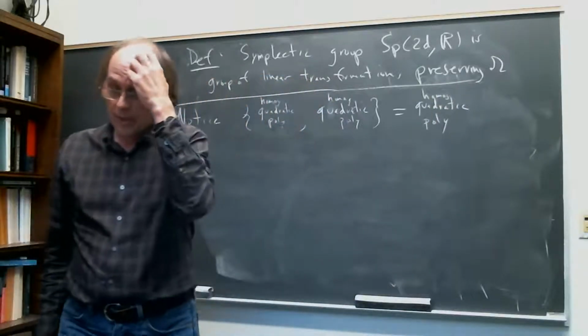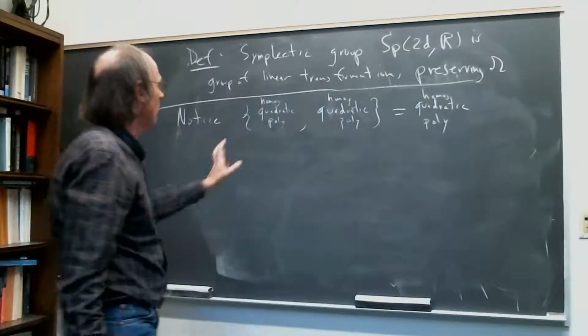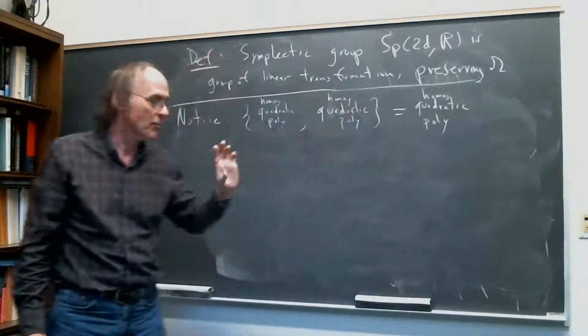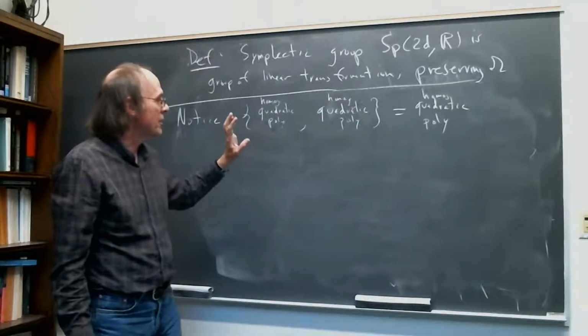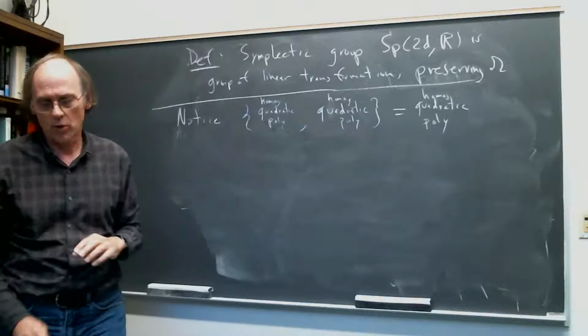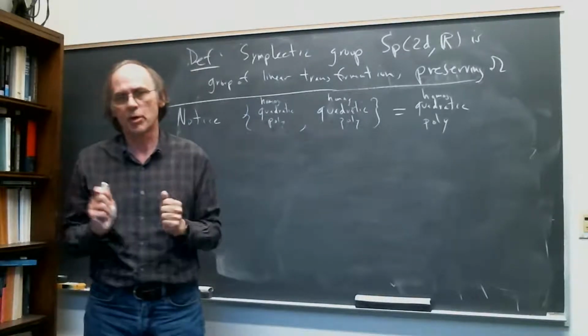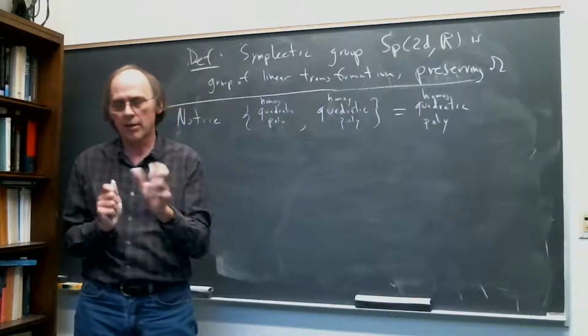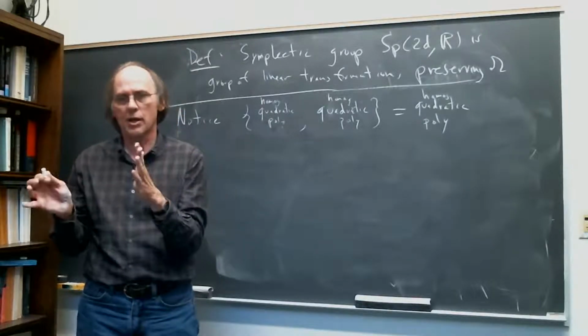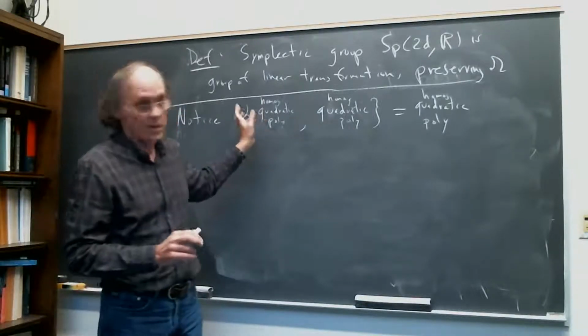The story I was telling you last time, at the beginning, was that you could understand the Heisenberg Lie algebra as the Lie algebra of linear things, including the constants, and then you got a subalgebra.